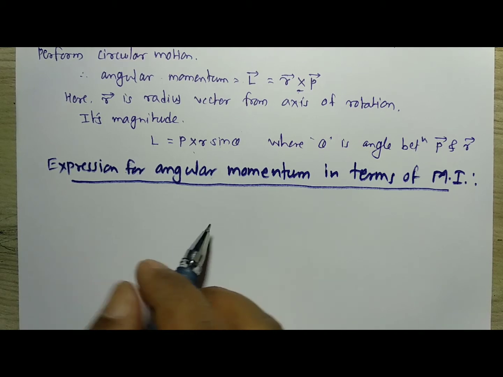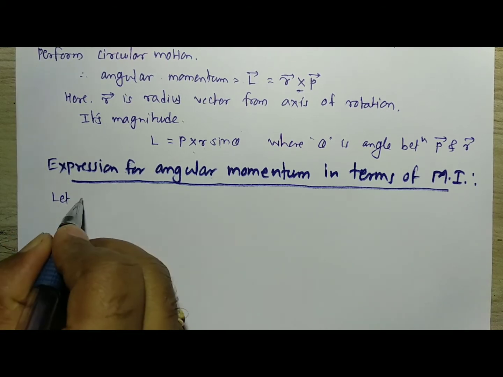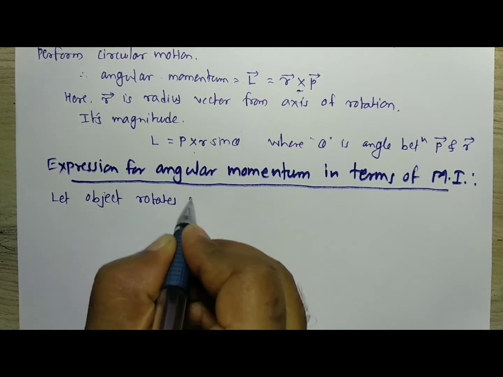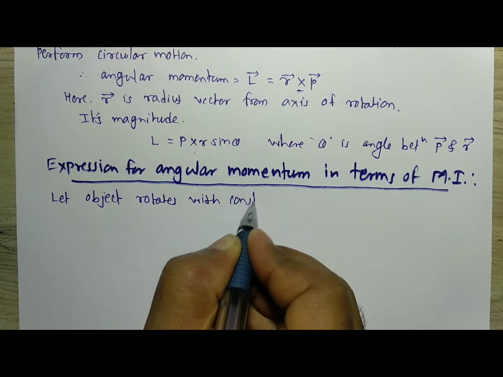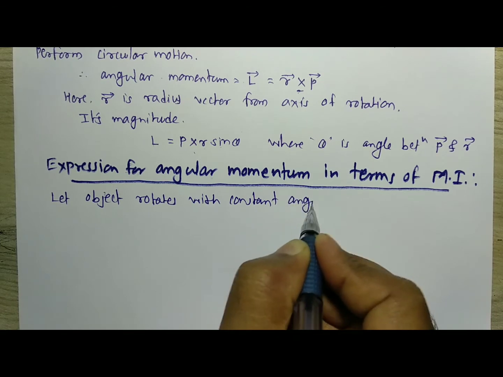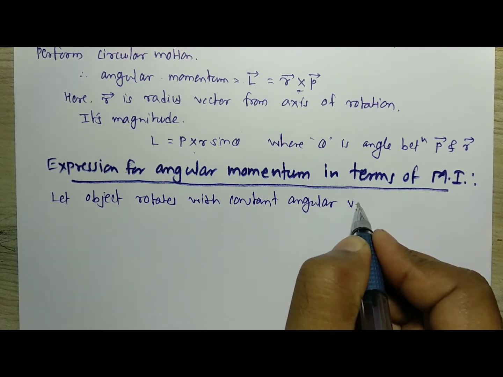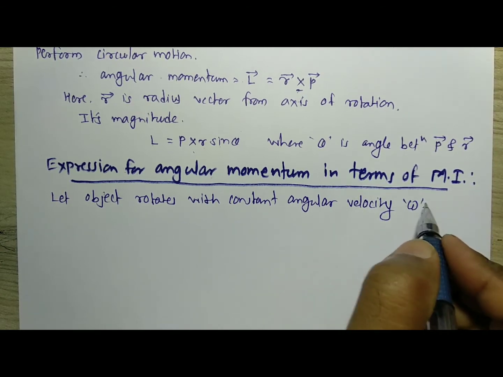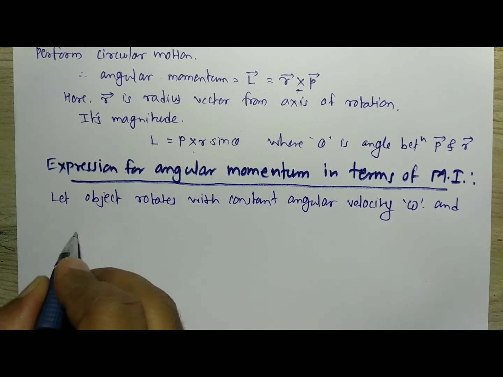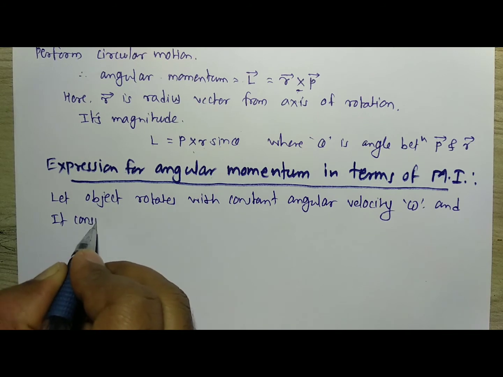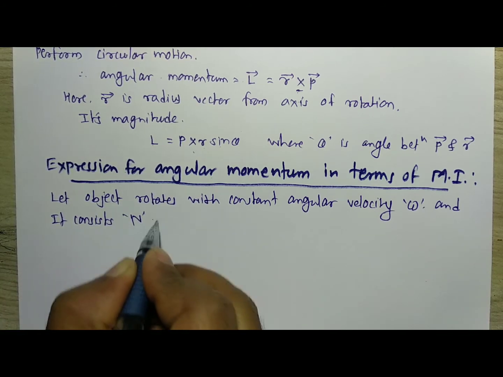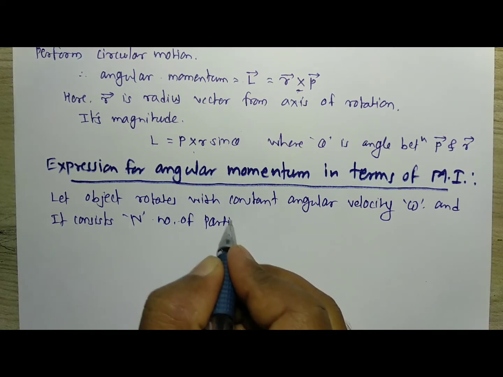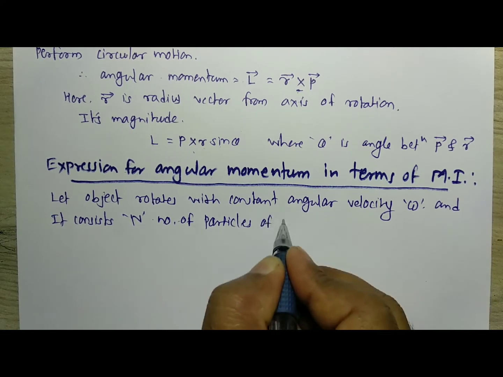Let the object rotate with constant angular velocity omega, and it consists of n number of particles of masses m1, m2, m3 and so on up to mn.